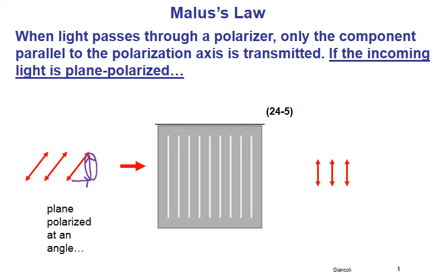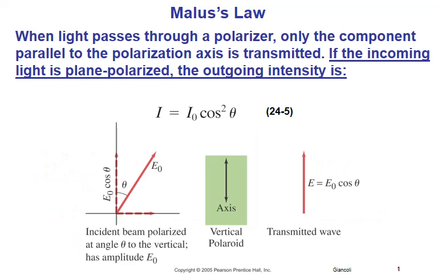And we can figure out exactly how much light is cut out. And we'll use this equation to do that. After it passes through, it's going to be plane polarized in the vertical direction now. So this equation helps us find that. We have the original intensity of the light, and we multiply that by cosine squared theta.